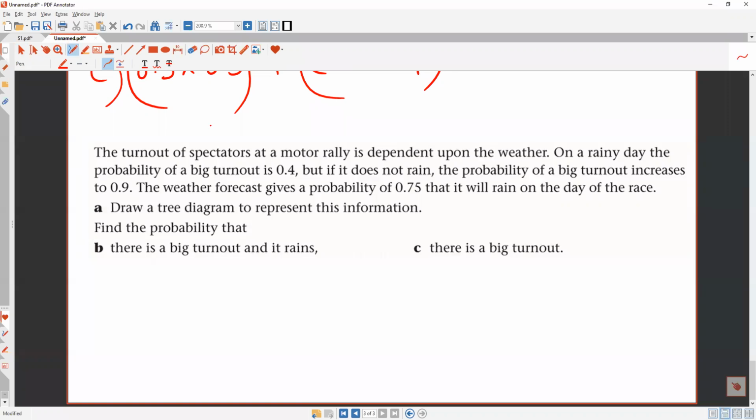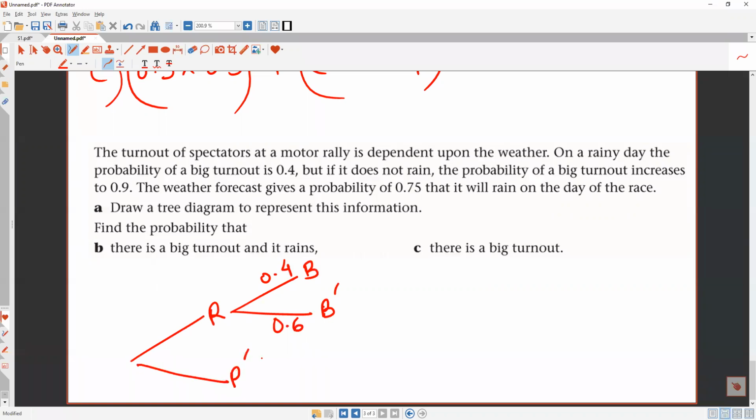Draw a tree diagram. Okay, they are saying that on a rainy day the probability of big turnout is 0.4. So if it is a rainy day, the probability of big turnout is 0.4 and the probability of not big turnout is 0.6.